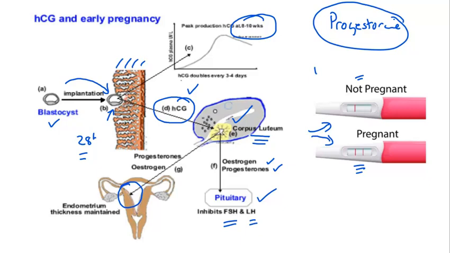The technology involved in this requires that within this structure here, there are antibodies that I'm going to draw like so. And these antibodies respond to hCG, which I'm going to draw like this. And these antibodies are specific to this particular hormone.